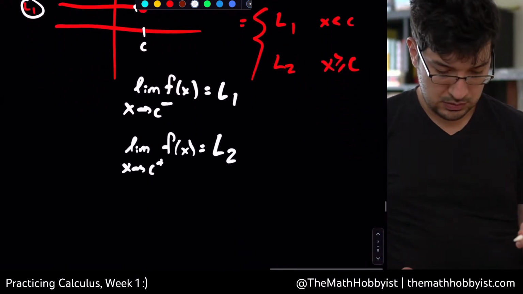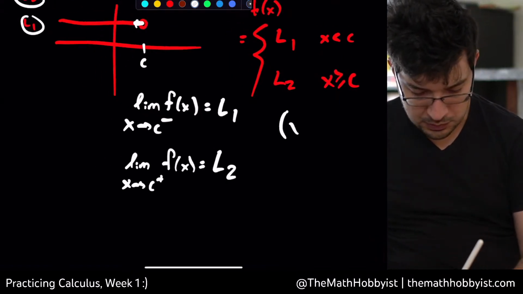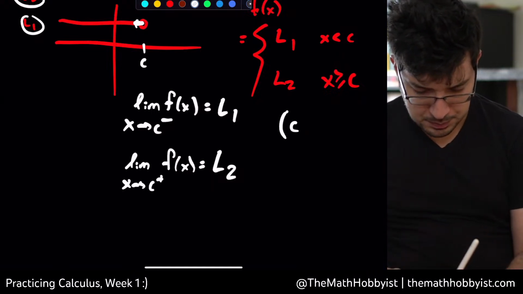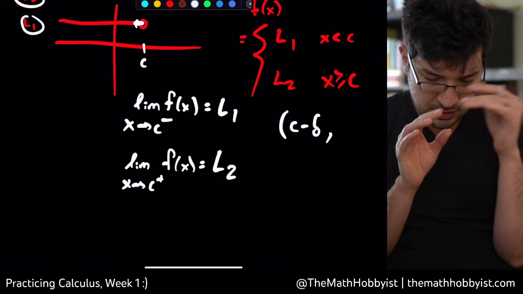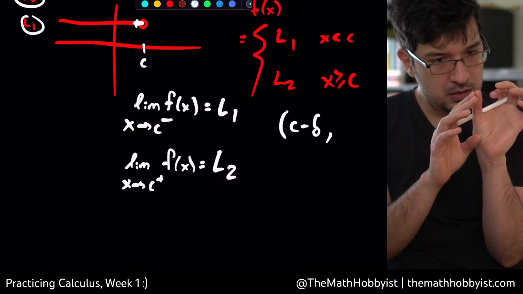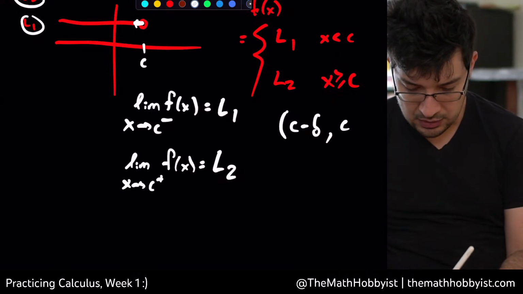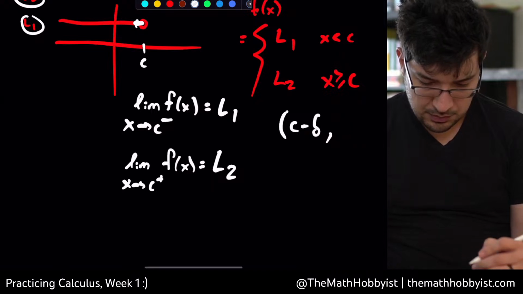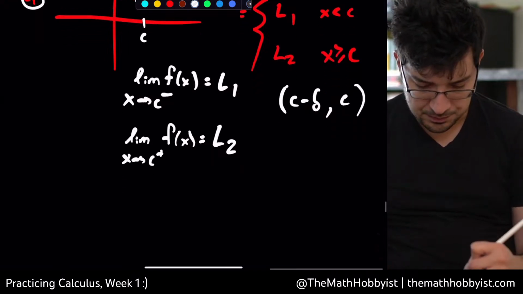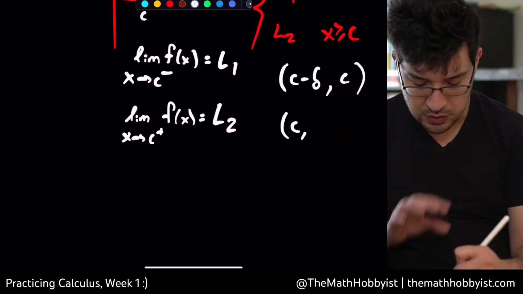So this is like saying that we're checking all x values within some region left of x equals C, up to the point C. It doesn't need to be defined at C. And this other part is to the right.